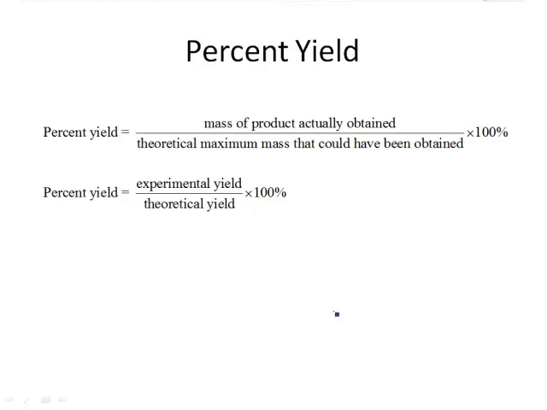The yield is how much you actually obtain. So when you go to lab and do an experiment, you make something and you isolate it, you weigh it at the end. The weight that you get at the end is the experimental yield. So the top number is always by experiment. You can't calculate that. It's just something you do in lab. The theoretical yield, the theoretical amount you could have got, that's just a stoichiometry calculation.